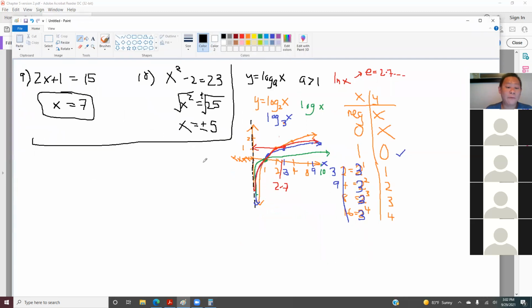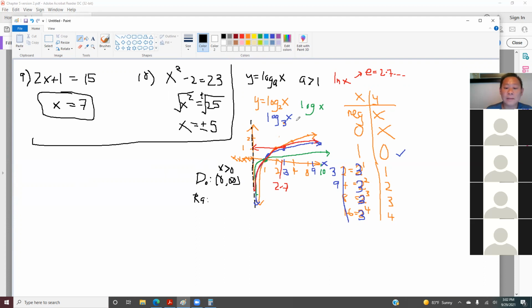Now let's talk about domain and range. Your domain in this case is the x value. No matter what graph you draw, it will not cross over here, right? It cannot. So your domain in this case will be from 0 to infinity, or as I mentioned, x is greater than 0.